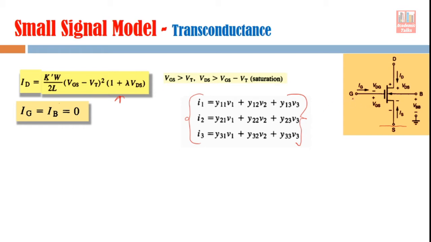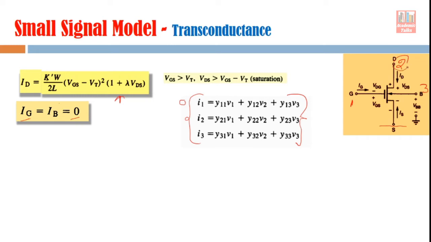Now let's assume this gate is our first terminal, this drain is our second terminal, and this bulk terminal is our third terminal. Now current in the first terminal is given by this equation, but we know from this equation that Ig is 0. It means this I1 is 0. I2, second terminal, we have considered drain as the second terminal.